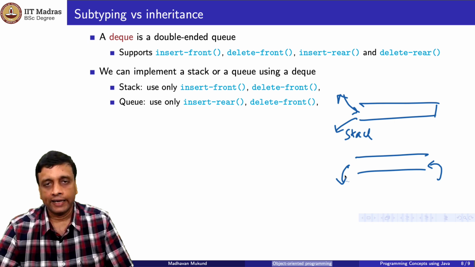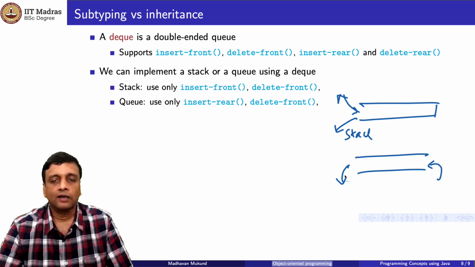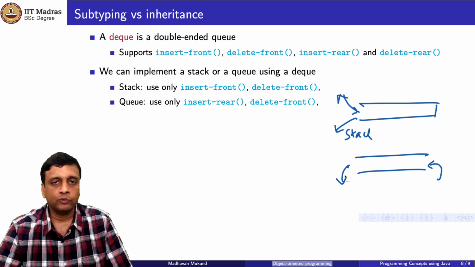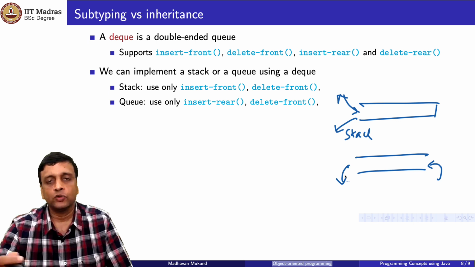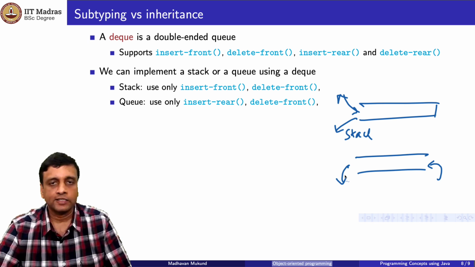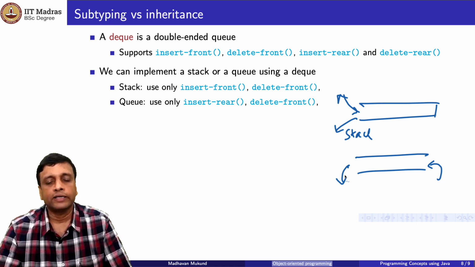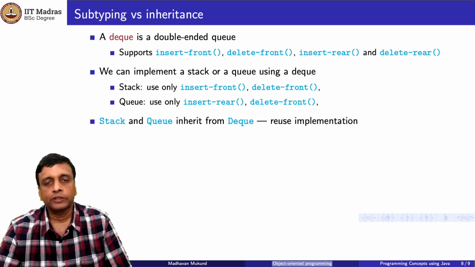If we had a deck, then these 2 data structures can be implemented by just choosing 2 out of the 4 operations that a deck supports, and for the rest the deck has a sequence of values, and a stack and a queue have a sequence of values. So we can implement a stack or a queue easily using a deck. In the sense that we are talking about reusing implementations, we can say that stack and queue are classes, or objects, which inherit from the object deck.